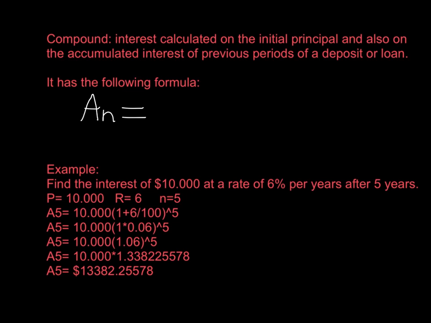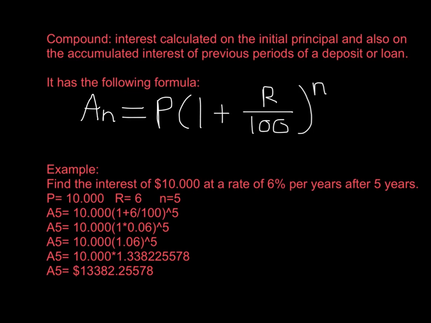So it could be 1 year, 2 years, or maybe 1 month, 2 months, 6 months, equals P, the principal, times 1 plus R, the rate of interest, divided by 100, since it's a percentage and we don't want any percentage, to the power of n, that's the time period.